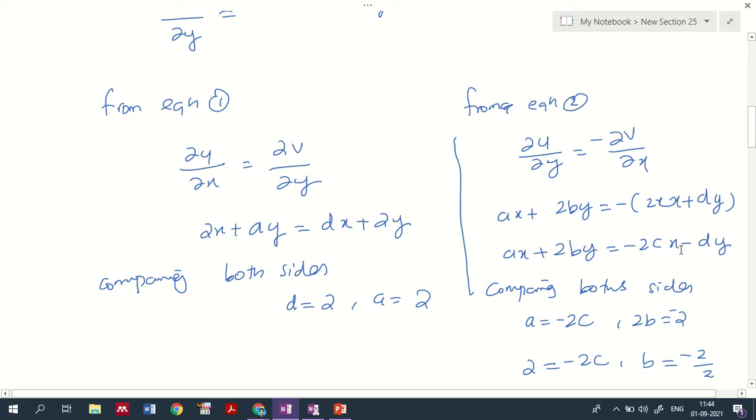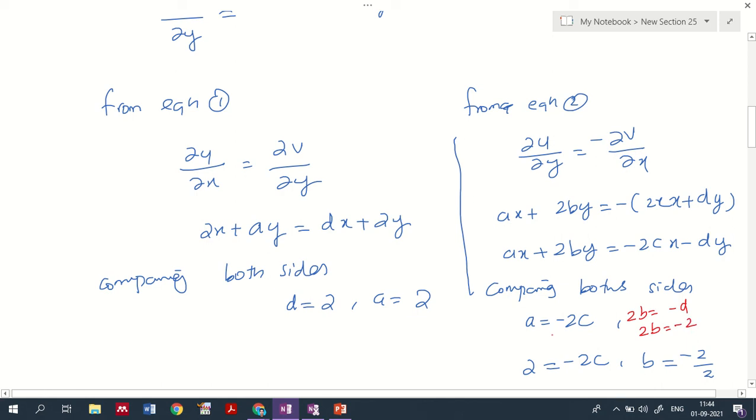Okay, 2b, so this is minus d, right? Why do I represent it like this? Because we know that this is d, right? So this is 2b equal to minus d, that is 2b equal to minus 2.